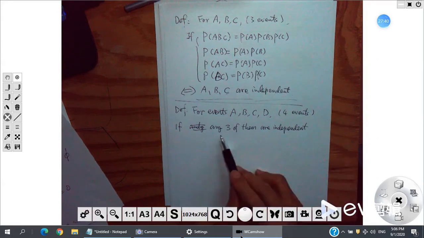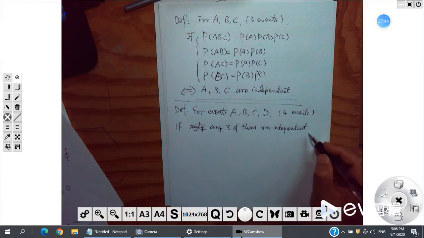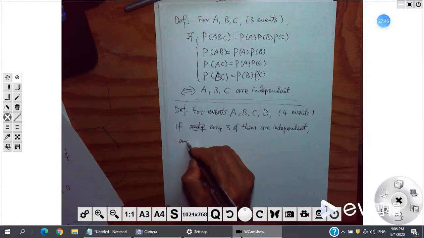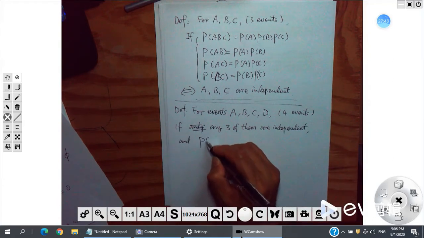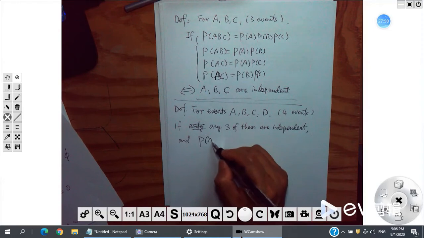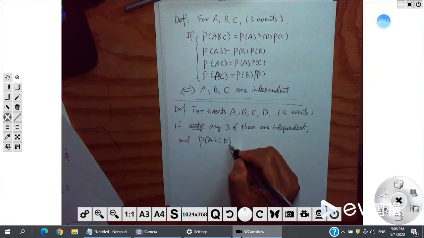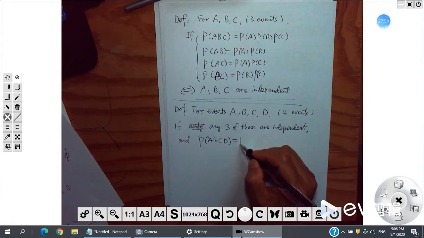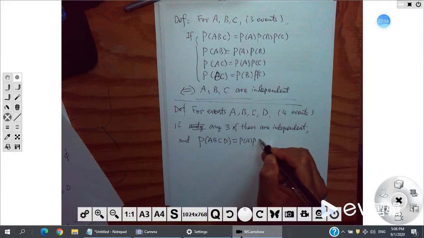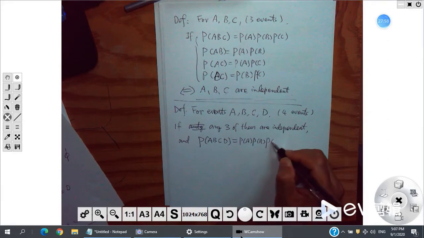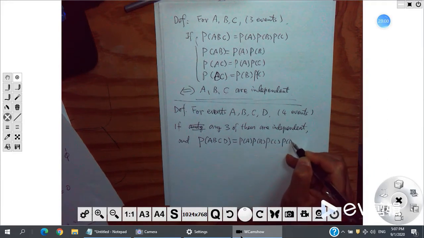If any 3 of them are independent, and the largest one, all of them, A, B, C, D, you put them together, equal to P(A) times P(B) times P(C) times P(D).